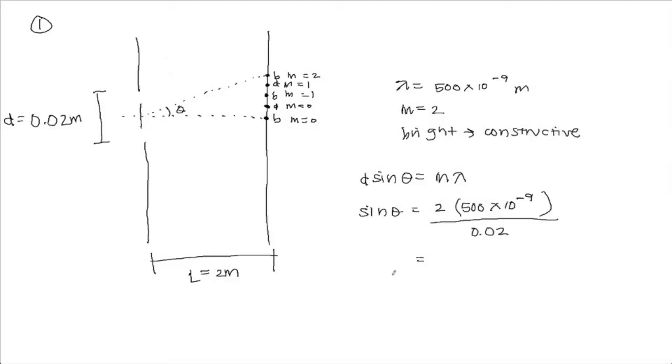Maybe you should try this step without a calculator. Really? No. Okay, fine. Okay, I'm going to change this then to 2 times... so sine theta plus 500.